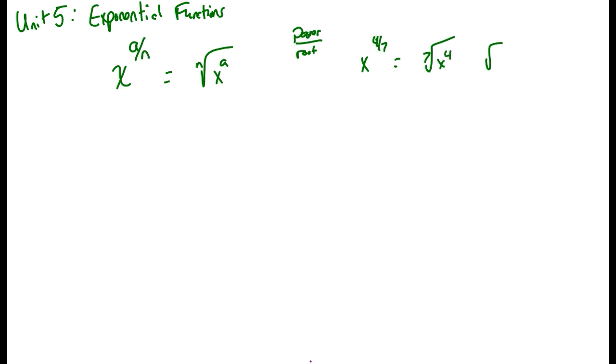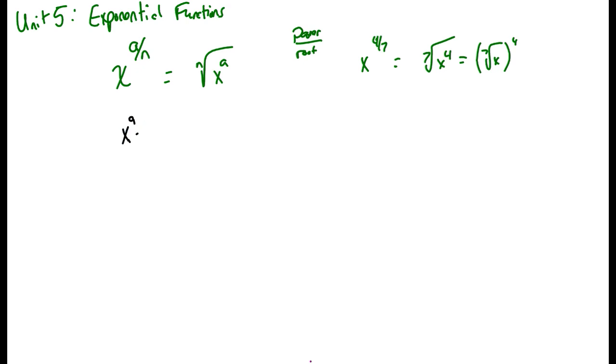That fourth power can go inside the radical or it could go on the outside. Either place is appropriate. As we talked about in class, New York State loves to have you explain why this is true. We'll just talk about, well, I have that over 7, so I'm going to be using a 7th root. Just don't do math. Make sure you're using words. All properties of exponents are in play.